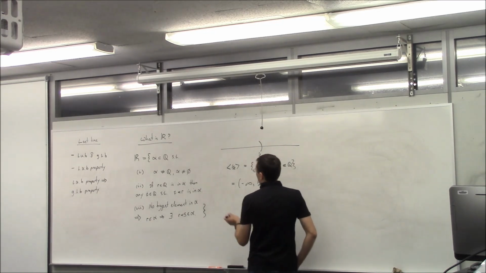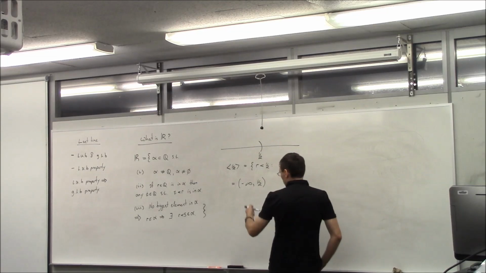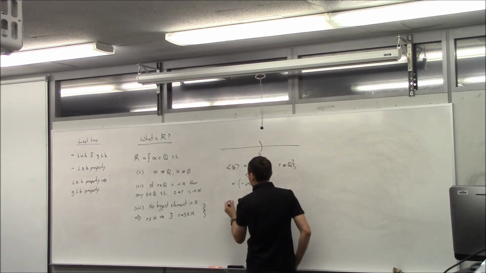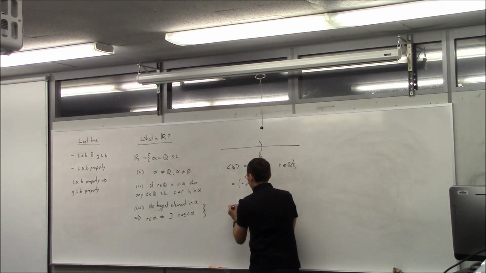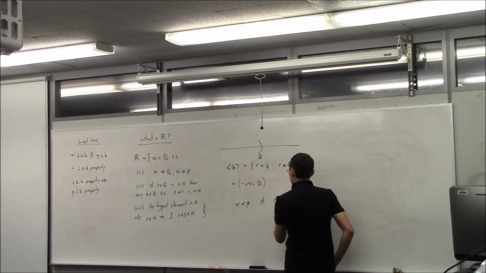Now, by doing this procedure, you can actually create a comparison, an order, because you can say in general that alpha is smaller than beta if alpha is a subset of beta.